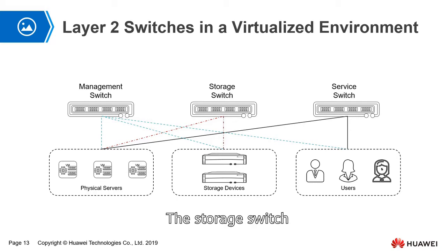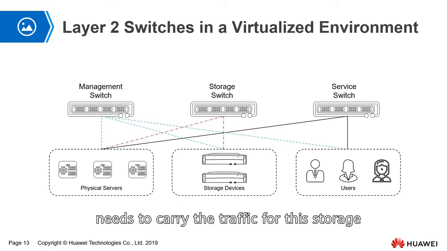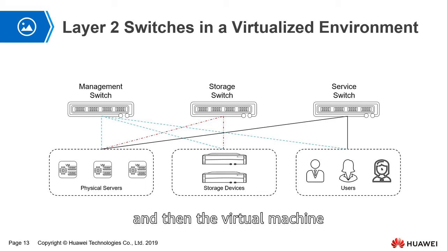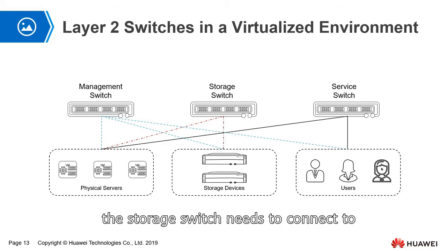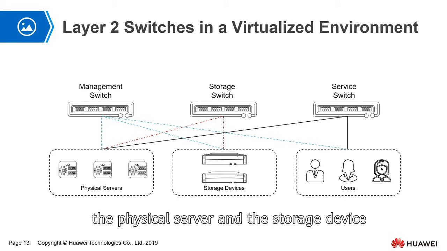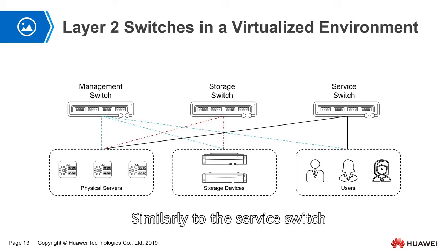The storage switch needs to carry the traffic for storage. The virtual machines on this physical server also use storage. Therefore, the storage switch needs to connect to the physical server and the storage devices. Similarly for the service switch, the virtual machines are all on the physical server, so the service switch connects to the physical server and to the user.